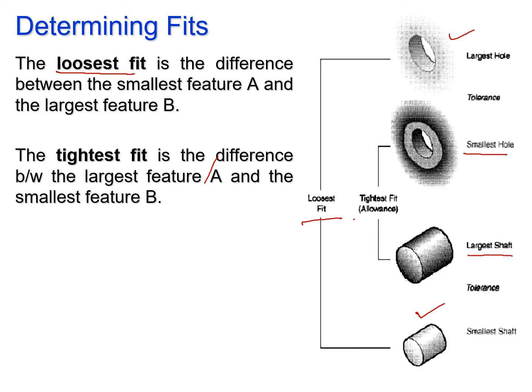So this is a method to determine what type of fit we have. If the hole is large and the shaft is small, then we will have the loosest fit. If the hole is small and the shaft is large, then we will have our tightest fit.